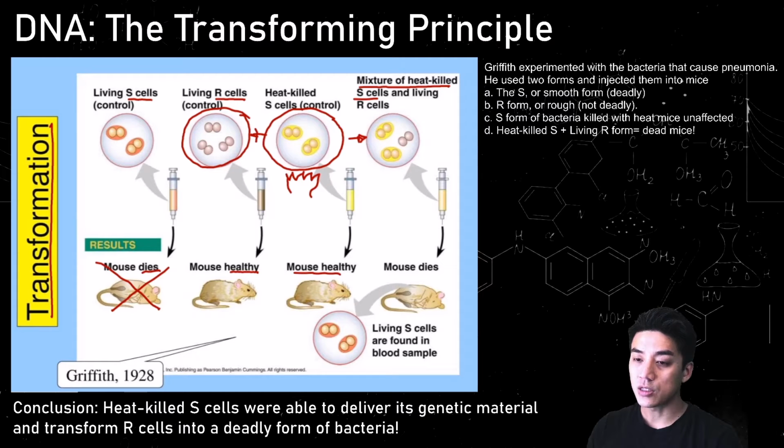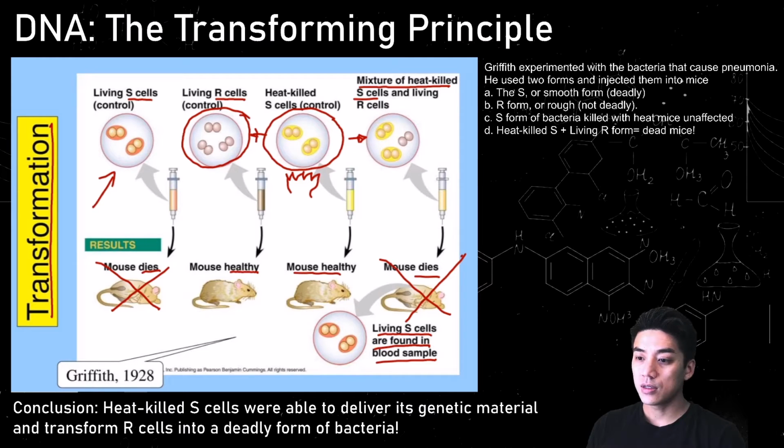So he ends up with this mixture, and what he observed was the mouse dies. So obviously there's something strange going on. When you perform the autopsy, you would find living S cells in the blood sample of the mouse. So it's almost like the S cells are coming back to life.